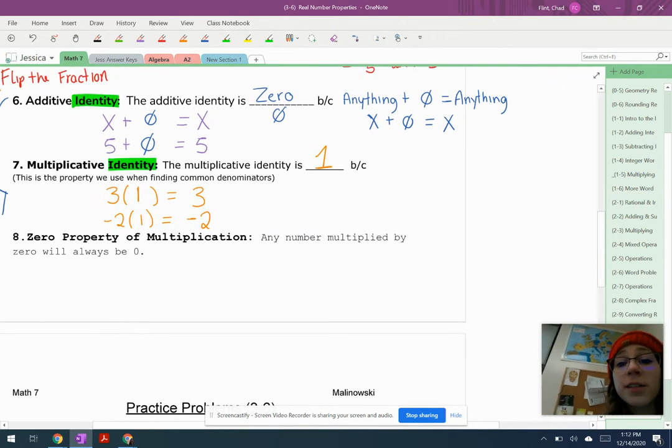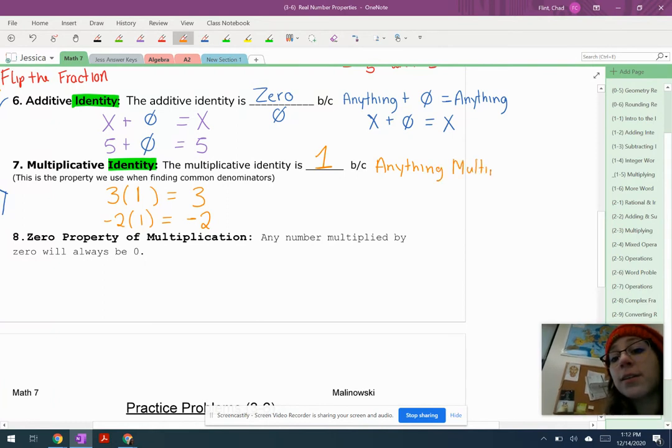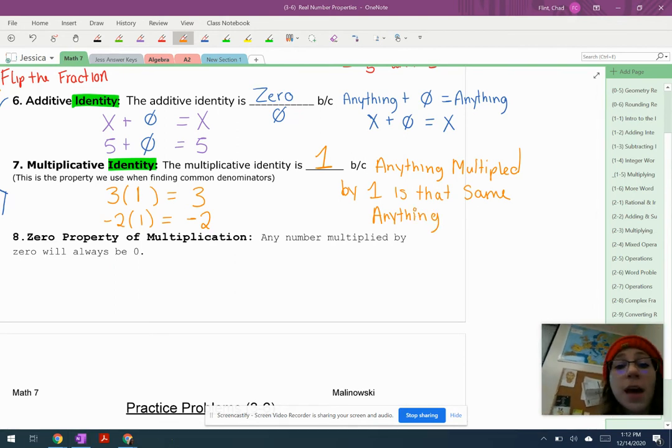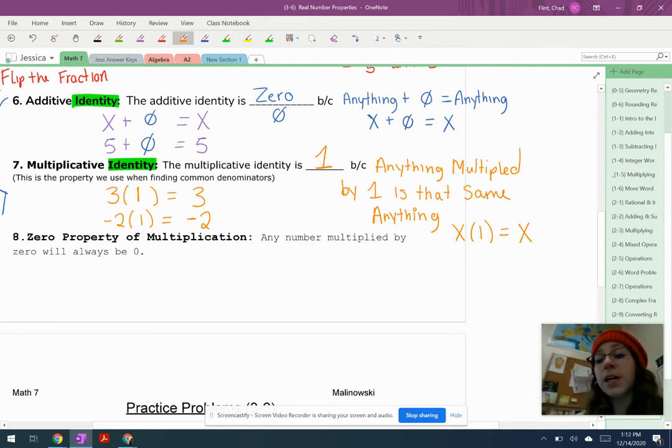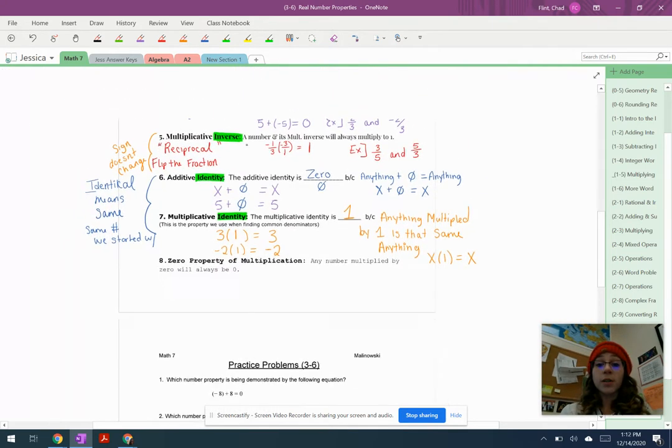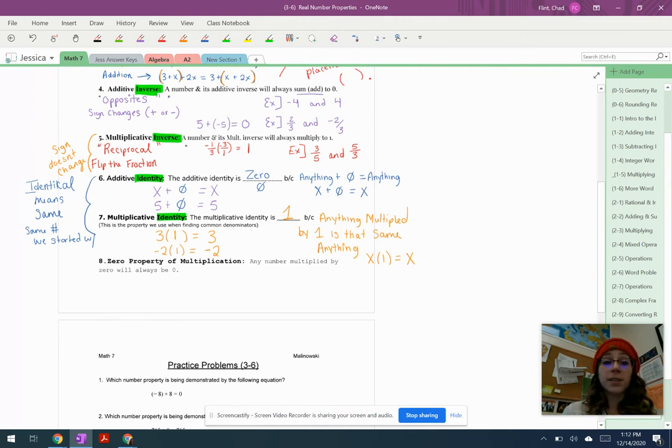Again, anything multiplied by 1 is that same anything. X times 1 is always going to give me X. Any number times 1 gives me that number back.